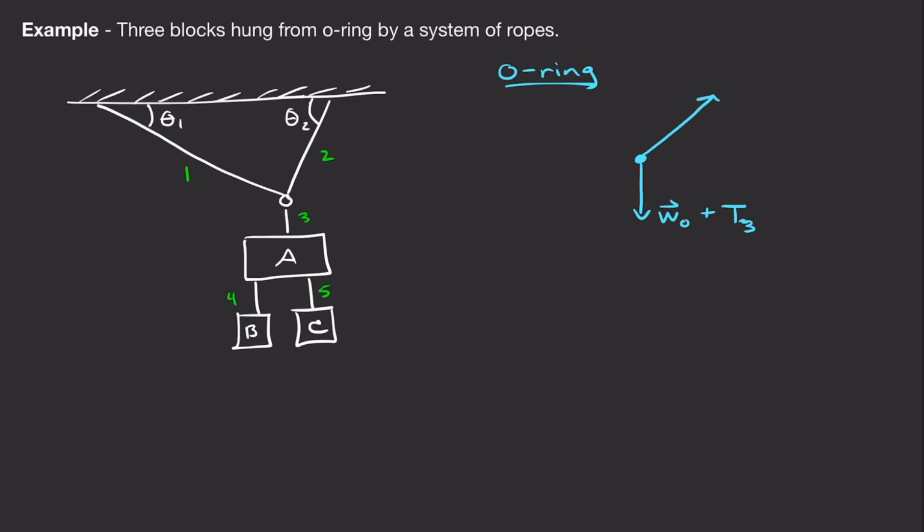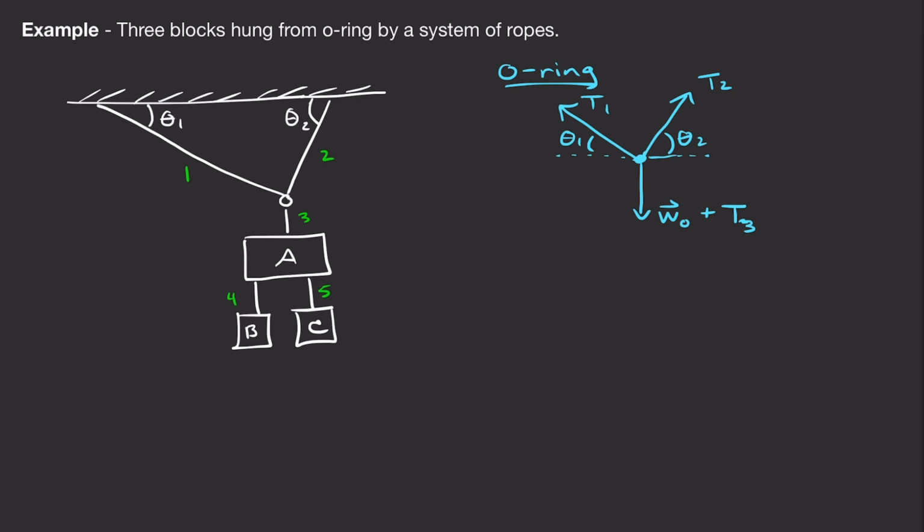So the first one is pulling T2 at an angle theta 2 from horizontal. And then T1 is pulling at a different angle, but again it is with respect to horizontal. That's T1.